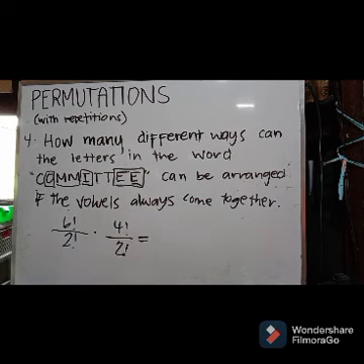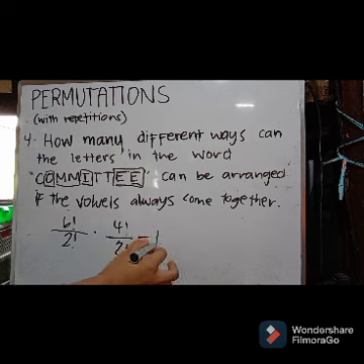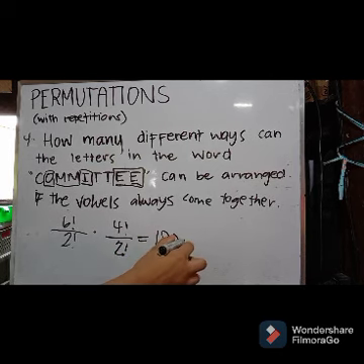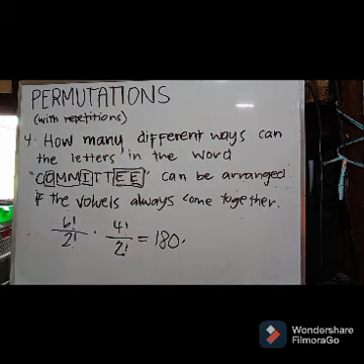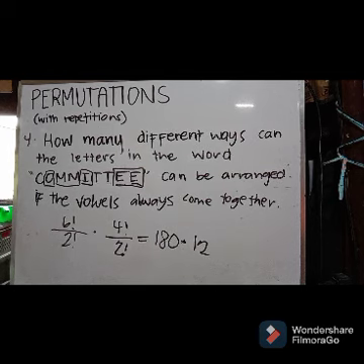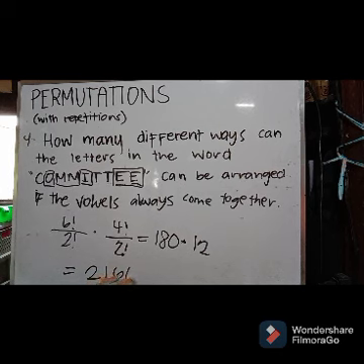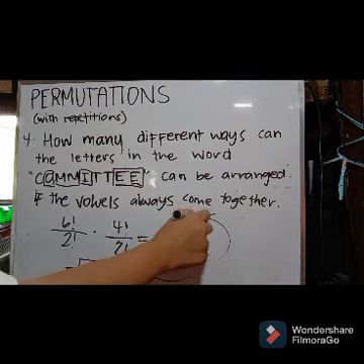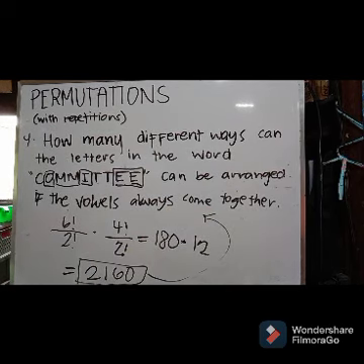It is equal to 6 factorial over 2 factorial equals 180, multiplied by 4 factorial divided by 2 factorial, which is equal to 12. So 180 multiplied by 12 is equal to 2,160 possible outcomes if the vowels always come together when the word committee is arranged.